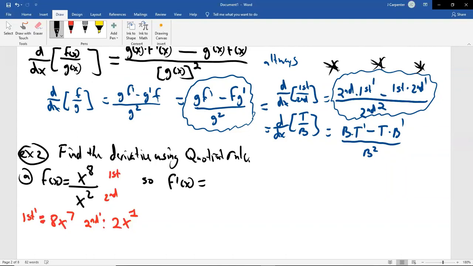I'm going to be using, again, this is my favorite. So the second, aka the bottom, times the derivative of the top. The first term has to have the derivative of the top. The second term has to have the derivative of the bottom. That is how I managed to memorize these when I was taking calculus back in, I won't say when. Long time ago.